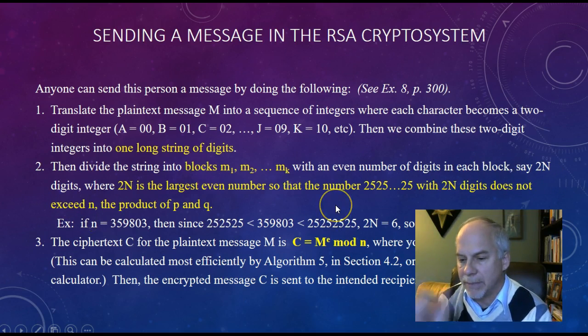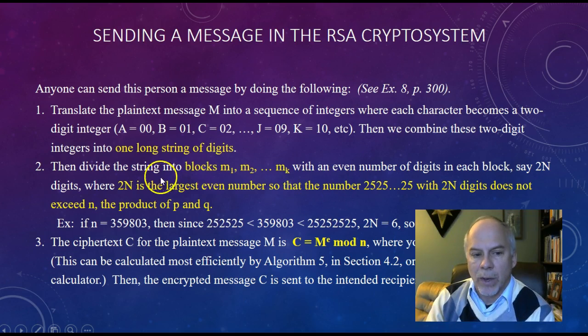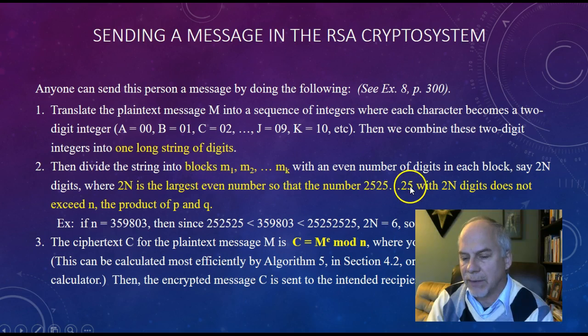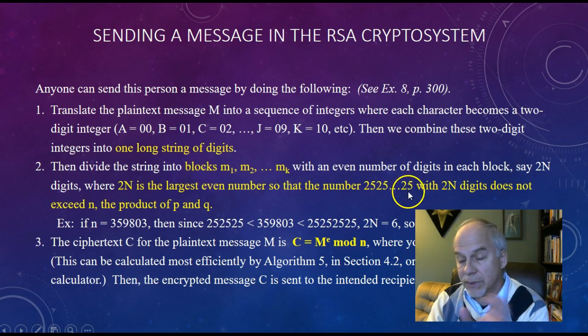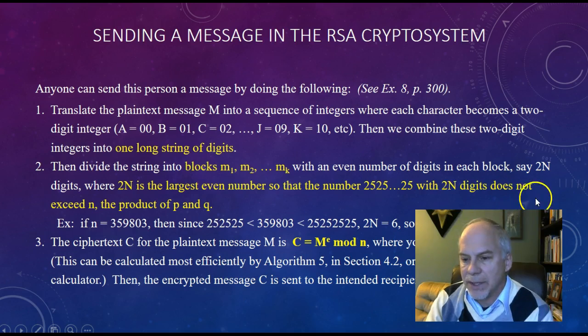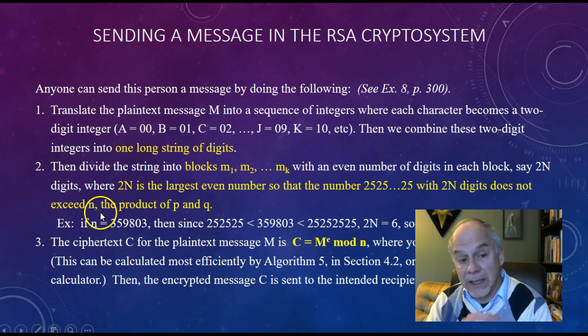Of course, 2n makes it an even number, where 2n is the largest even number so that the number 252525...25, in other words, a number with the 25 pattern in it, with 2n digits, does not exceed N.